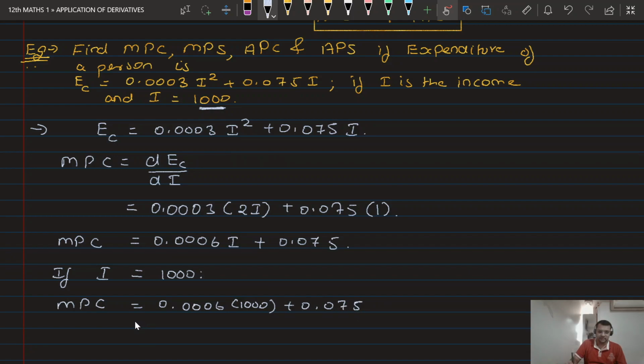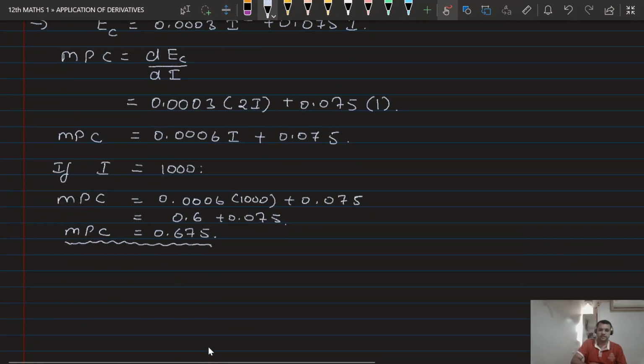On multiplying 0.0006 and 1000, you will get 0.6 plus 0.075. So we are ready with one part of our answer, 0.675. So that's the first part.